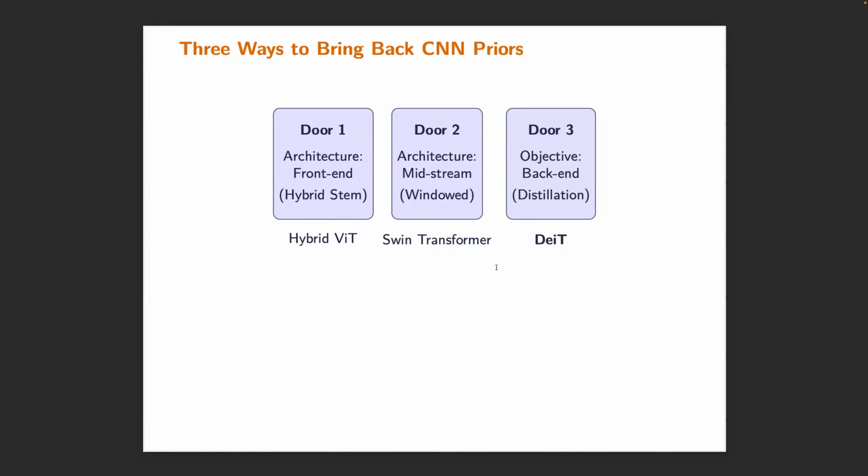The other idea is to use this hierarchical way of learning in CNNs, but use that within transformer architectures. And then the other idea is to bring a CNN that can teach our transformer, so at some point the student can be better than the teacher. And that's the distillation idea.